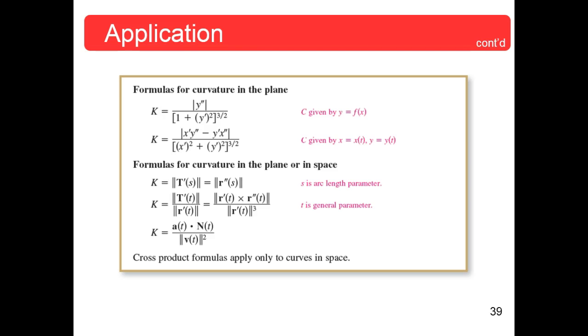So then the numerator almost looks like a quotient formula, derivative of a quotient, a quotient rule type thing. x prime y double prime minus y prime x double prime. That's sort of how it looks.